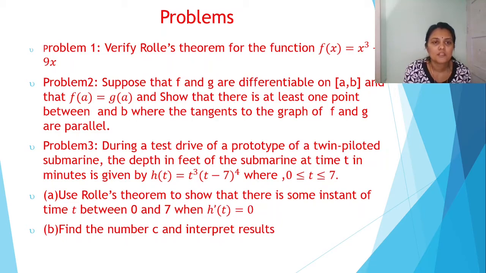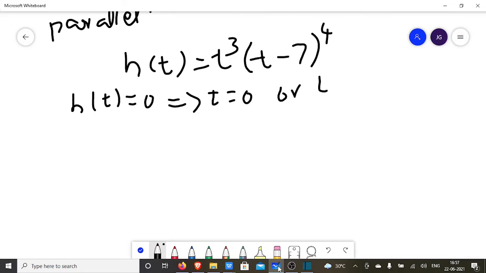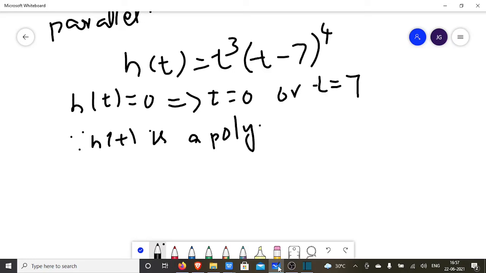Given h of t equal to t cube into (t minus 7) all raised to 4, h of t equal to 0 implies t equal to 0 or t equal to 7. Since h of t is a polynomial, it is continuous everywhere.